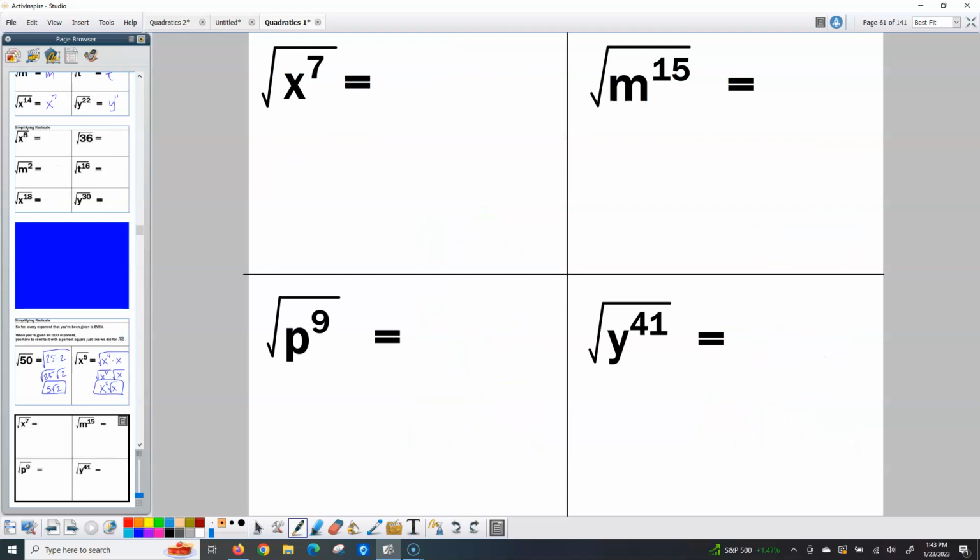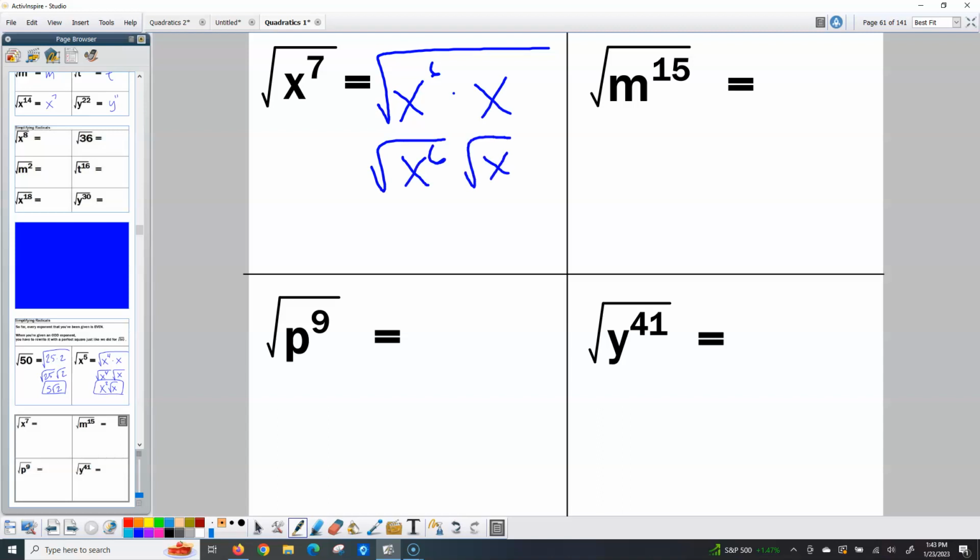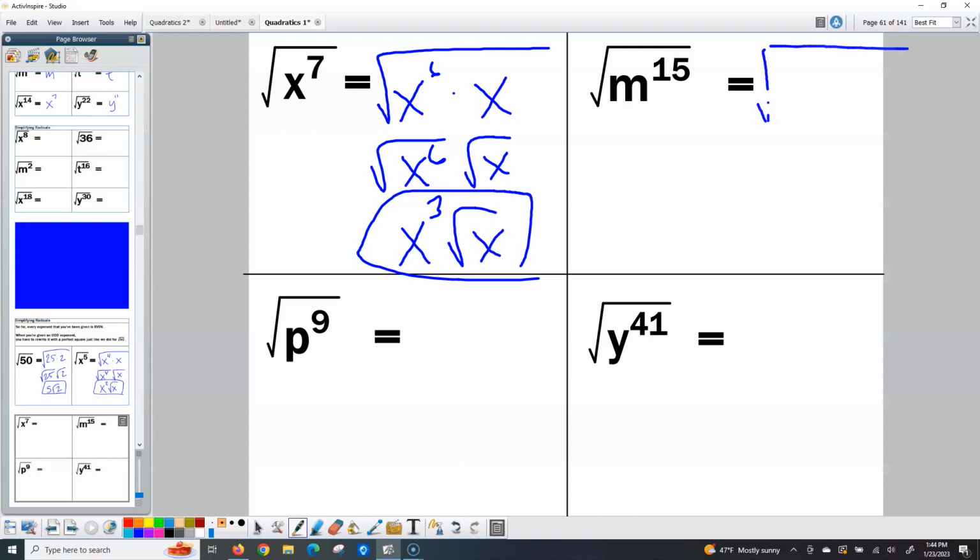x to the 7th, I can rewrite that as x to the 6th times x. Separate it, square root of x to the 6th, square root of x. x to the 6th is an even exponent, so that's x to the 3rd, square root of x. m to the 15th, the largest perfect square that goes into m to the 15th would be right next door to it.